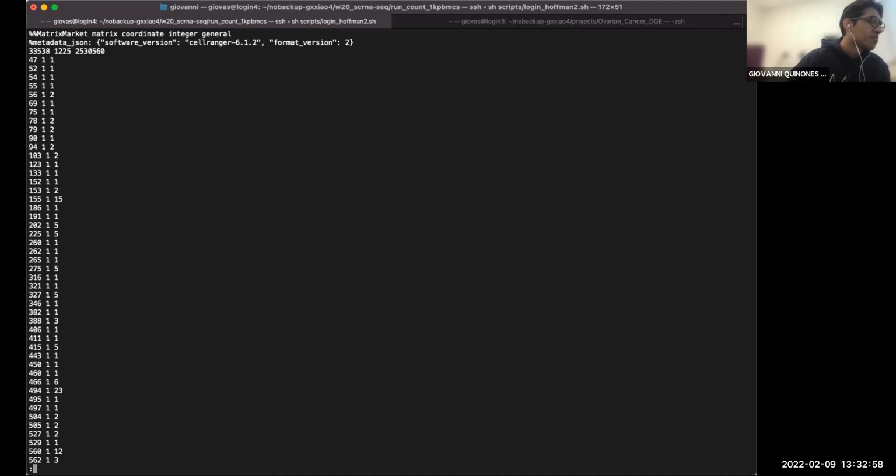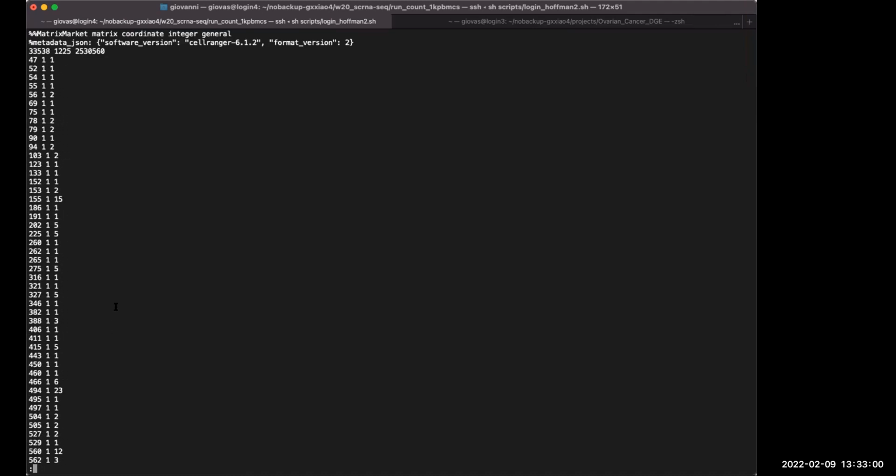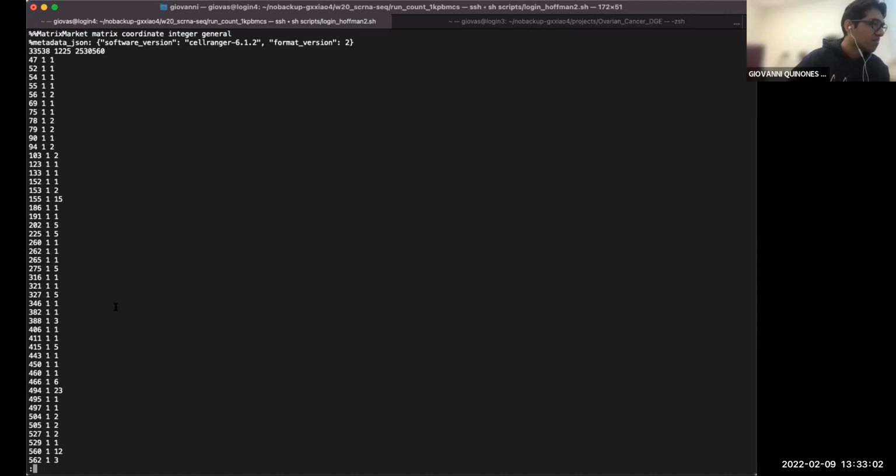So in a typical feature matrix from single cell data, we get a lot of empty entries. It's a more convenient representation to show your matrix in this format, where the first two numbers are the coordinates, so row 47 and column 1, and the third number is the value at that particular entry.